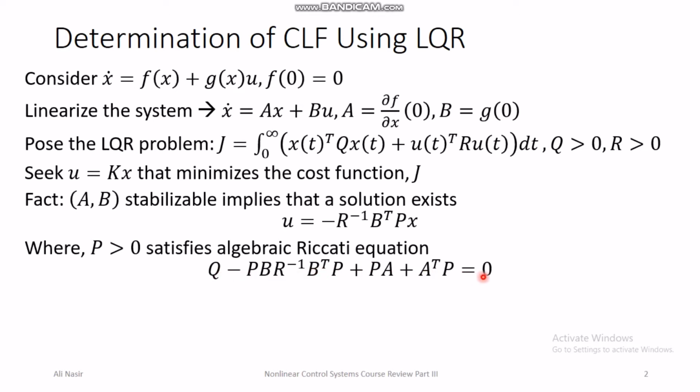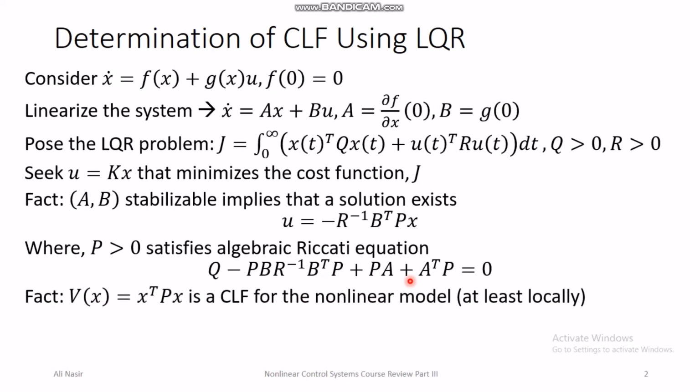So here the intuition is that you linearize the system, you pose the LQR problem, you solve the Riccati equation, but instead of designing the controller on the system, you use the solution of the Riccati equation to define the Lyapunov function for the original nonlinear system. So if you use the P matrix that is the solution of the Riccati equation in this LQR problem, then V of x equal to x transpose Px is a CLF for the nonlinear model.